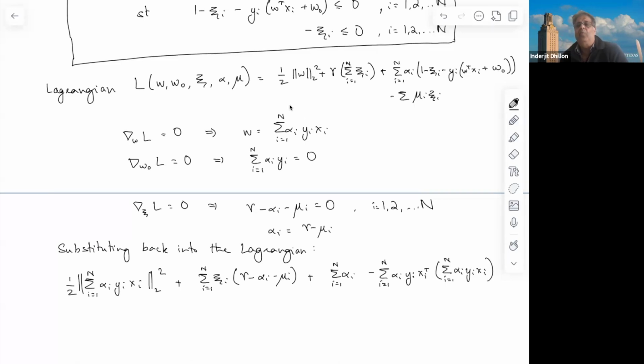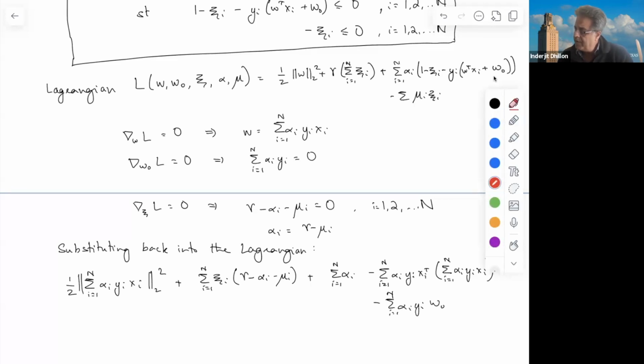Okay, and then the one term that I have left, again, very similar to what I did last time, is this W naught, right? So summation of alpha I, yi, W naught. So it's minus summation of alpha I, yi, W naught, I equal to 1 to n.